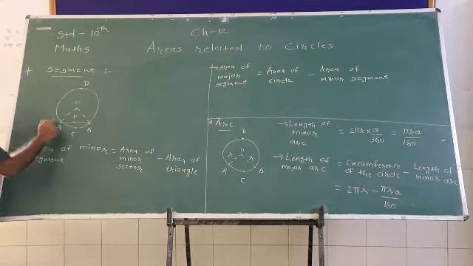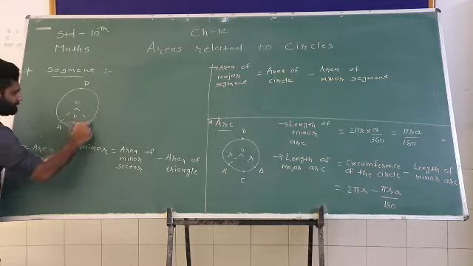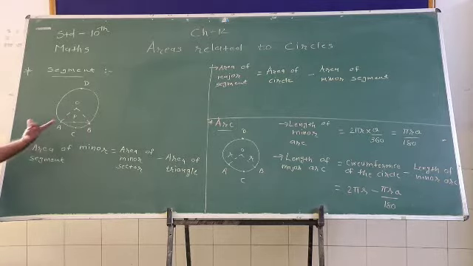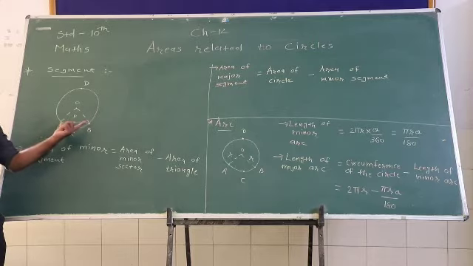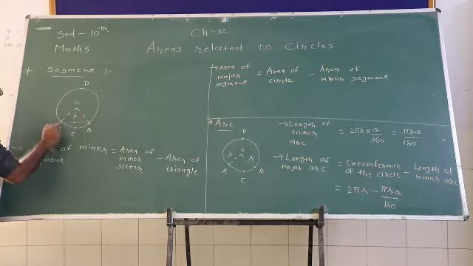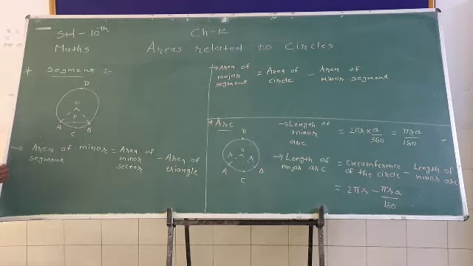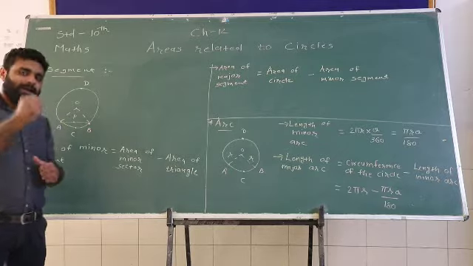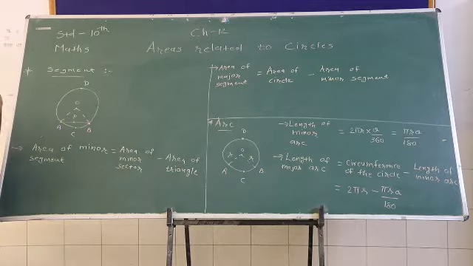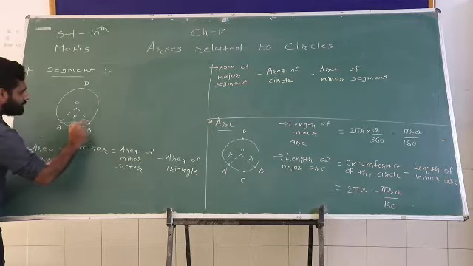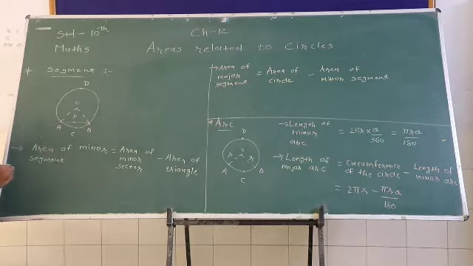Now if I join this line segment AB, then AB is a chord. Now the combination of arc and chord is known as a segment. That means the area enclosed by the arc and the chord is a segment.